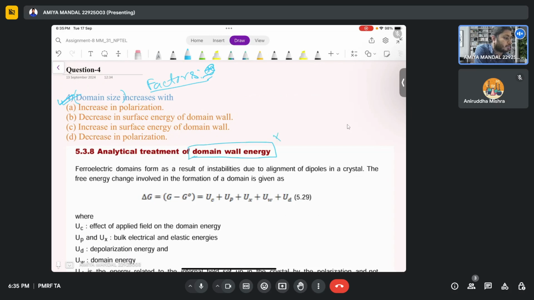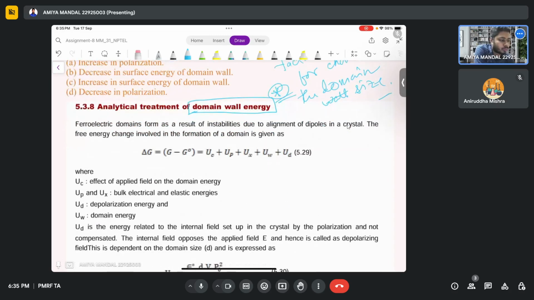This is a very important factor for changing the domain wall size or domain size.